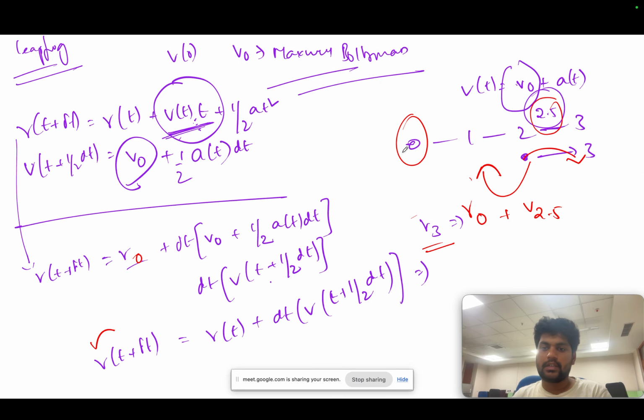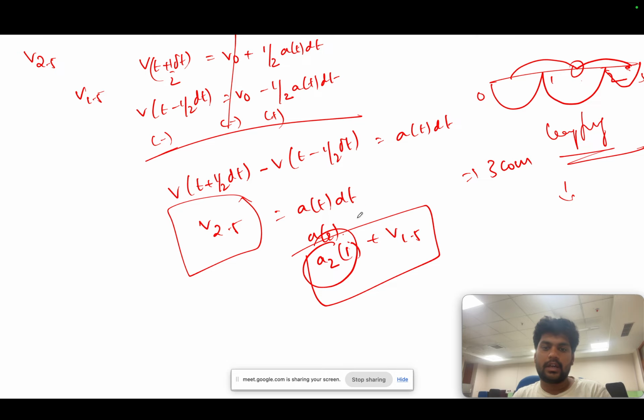If you see here, to get this value we need the acceleration a of t. Suppose you want to go for r1. r1 is nothing but r0 plus v0.5. So v0.5 is nothing but a1 plus v0.